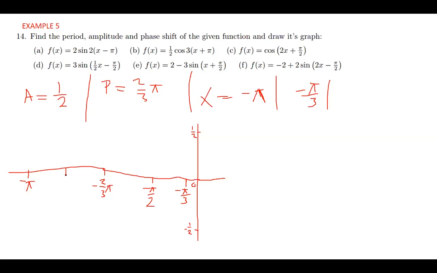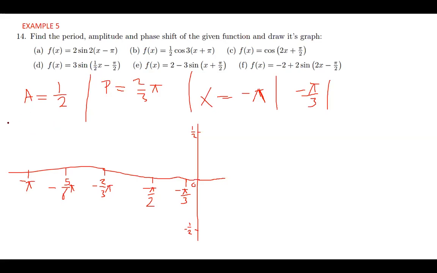It should be 5 over 6 pi. Yeah, something like this. Then after finding the divisions in between, now you can easily sketch the graph.